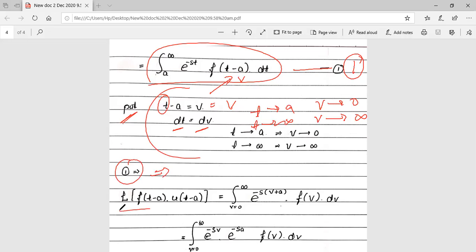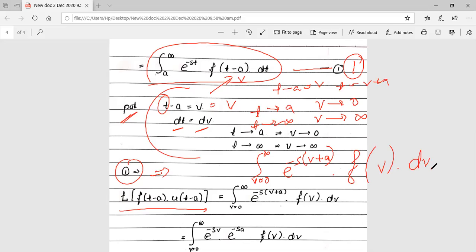Now the Laplace transformation of the LHS, that is Laplace transformation of f of t minus a into u of t minus a, is equal to integration over v from 0 to infinity of e to the power minus s into t, where t minus a is equal to v, so t is v plus a. It is v plus a, into f of t minus a which is f of v, and dt is dv.